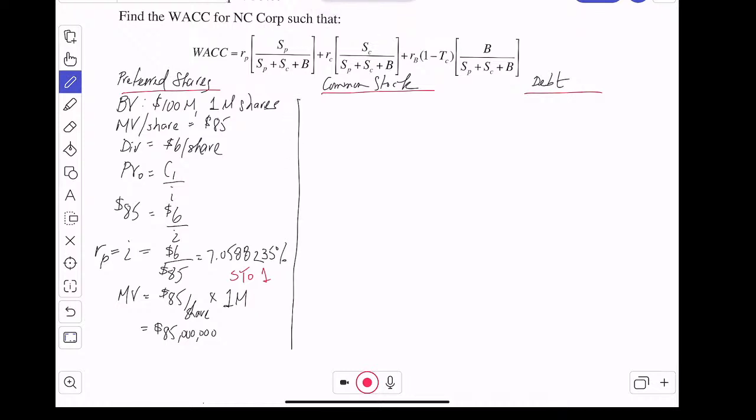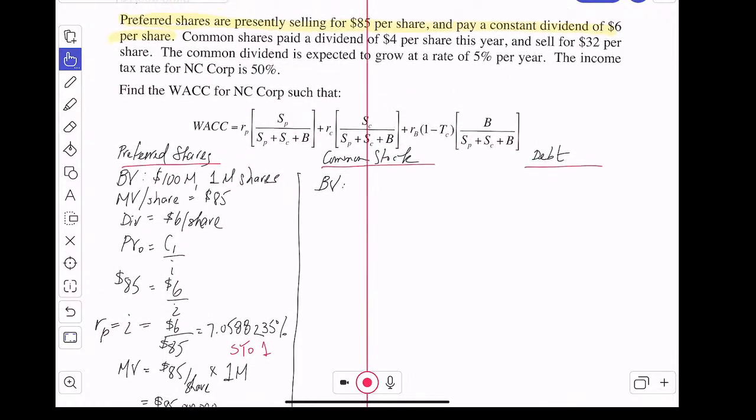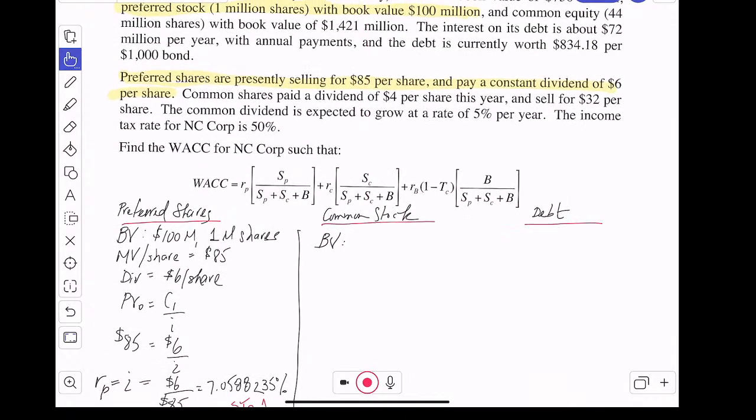Now let's do this for common stock. Let's go through and get the book value, and the market value, and then we're going to get the required rate of return. This is crooked.